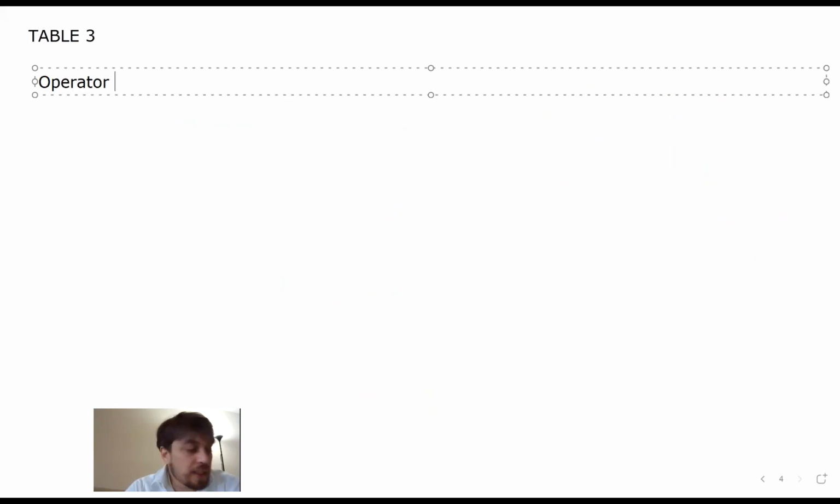So for table 3, you have an operator. You have an illustration of that operator. You have images under this T of E1 and E2. And you have a standard matrix. Okay.